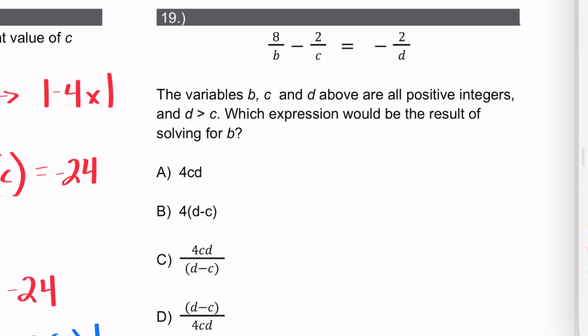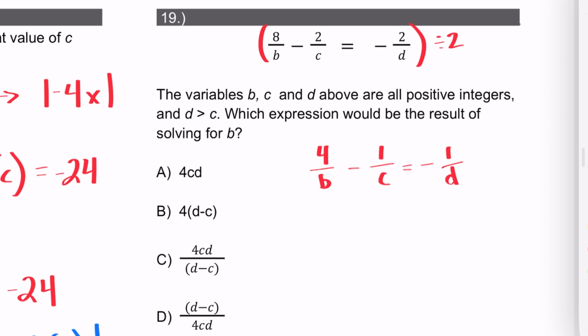I noticed that all of these answer choices actually have a 4 instead of an 8 or a 2. And so for starters, I would rewrite this and divide the whole thing by 2. So this becomes 4 over b minus, 2 divided by 2 is just 1 over c equals negative 1 over d.